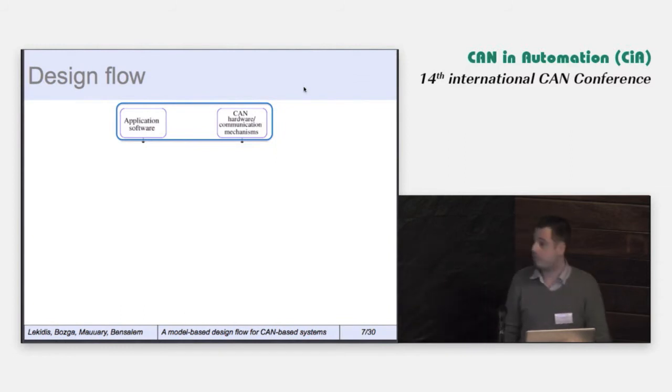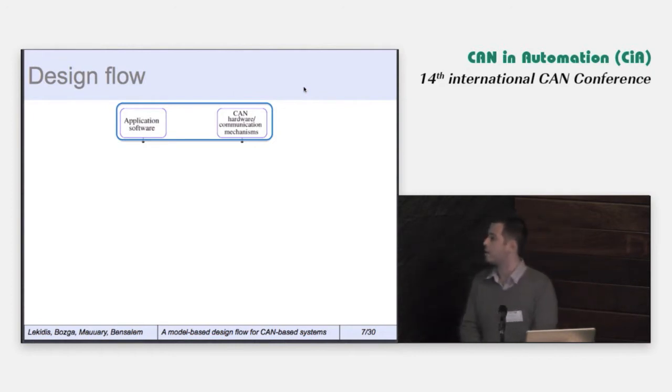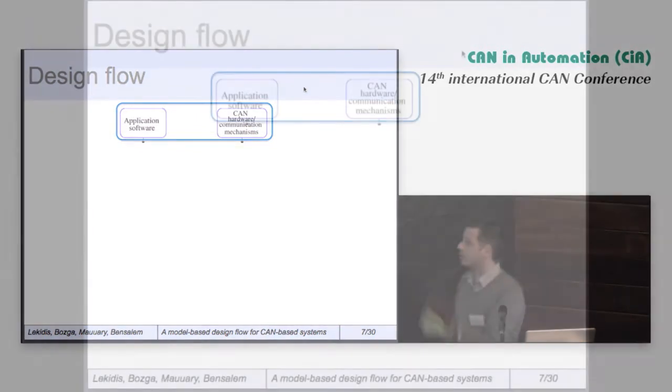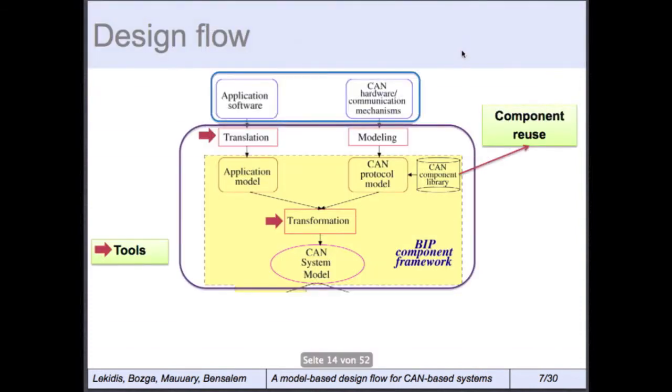And in such a design flow, as shown here, we can have the application software as input, and we can have the communication mechanisms of CAN as well as the hardware, and we can take all this into account in order to build a system model according to a translation from the application software to an application model.